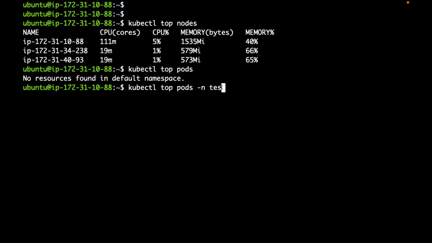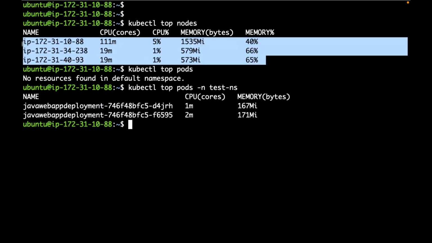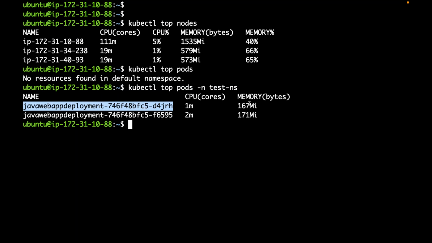Let's say now, can I see node level? Can I see what is the CPU utilization and what is the memory utilization as of now in my nodes, and also at pod level? Can I see how much CPU utilization and how much memory utilization is there in each pod? This is the metric server.